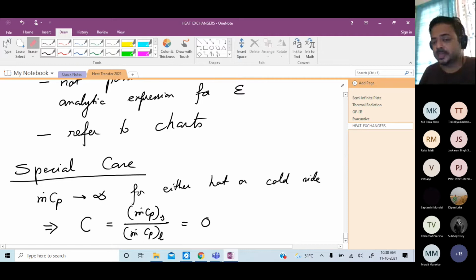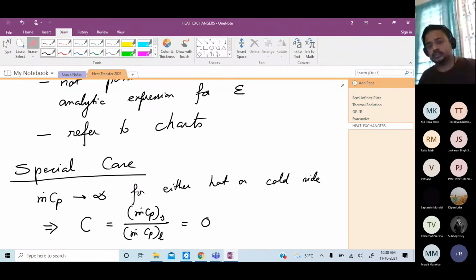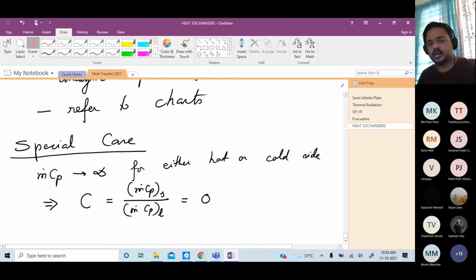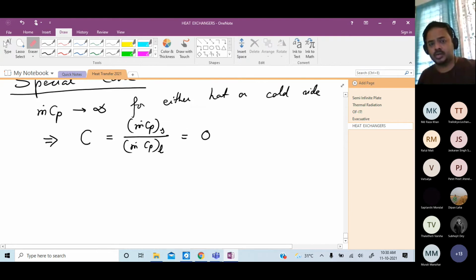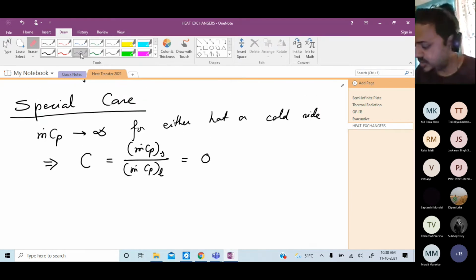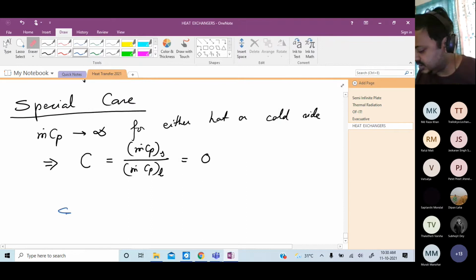Okay. So now you have two expressions, right? One for parallel flow. So can you give me the expression for epsilon? Just put C equals to 0 and tell me what it should be for parallel flow.